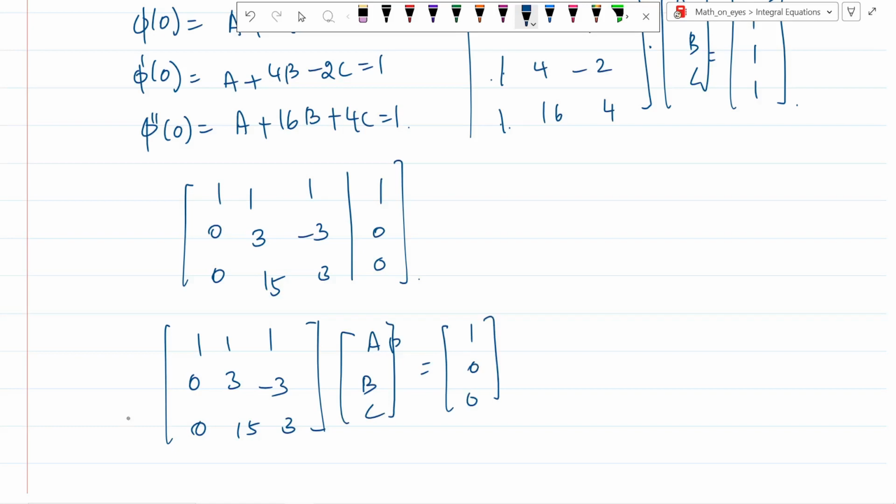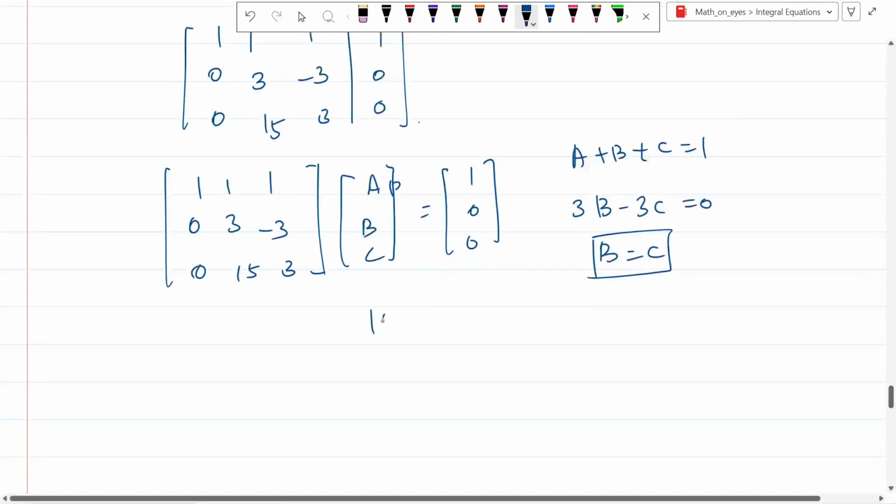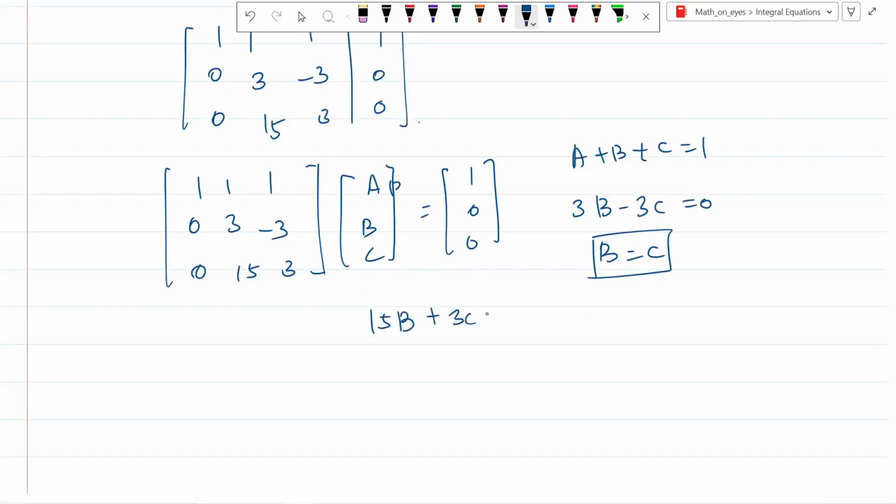For the first row, I'll have A plus B plus C is equal to 1. The second row gives 3B minus 3C is equal to 0, so B is equal to C. From the third row, I'll have 15B plus 3C is equal to 0. As B is equal to C, 15C plus 3C is equal to 0, so C is equal to 0.